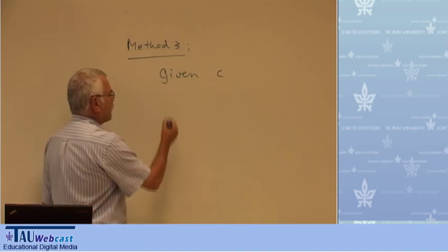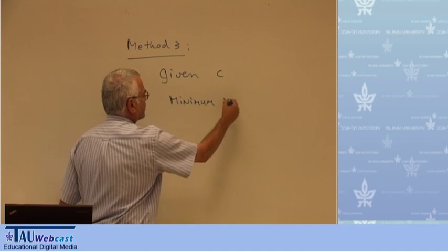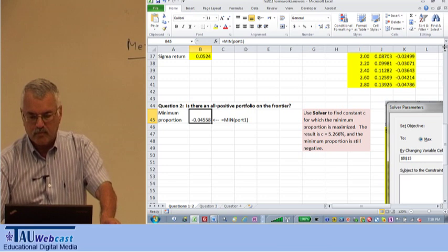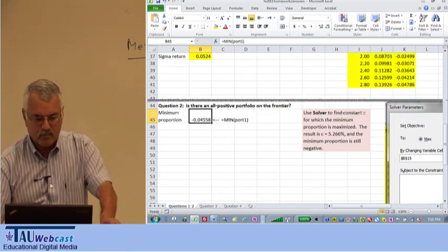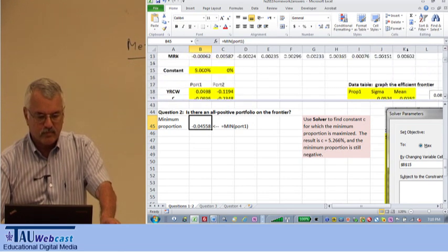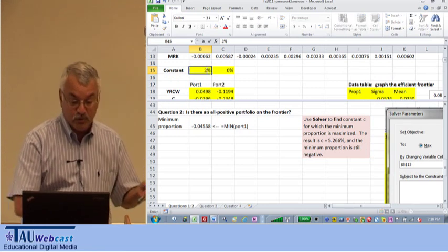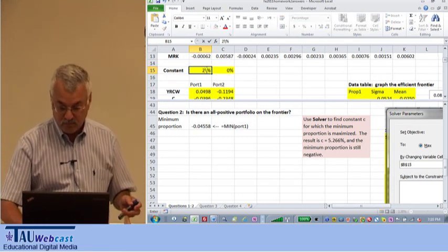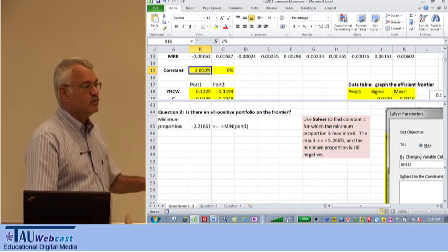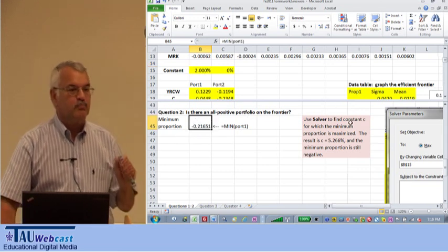Given C, what's the minimum xi? So here's an example. Here's C. Right now it's 5%. Let's say it's 2%. When the interest rate is 2% per month, the minimum proportion in the portfolio is minus 0.21.